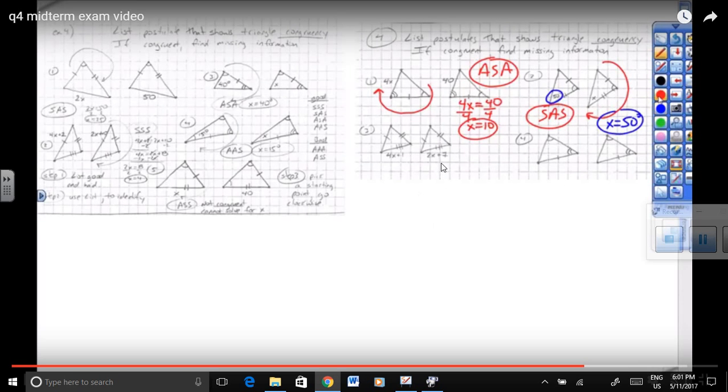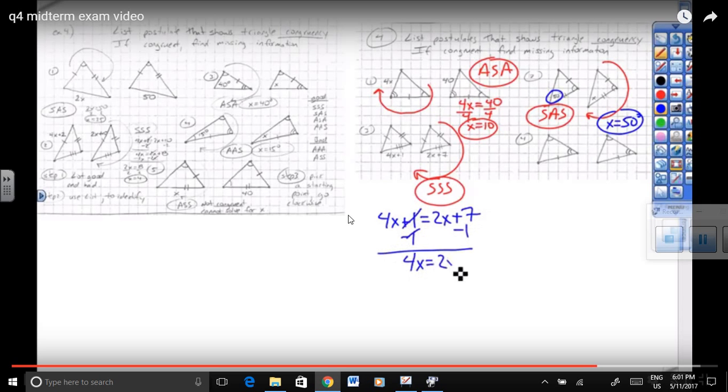Number 3, this is side, side, side. So I know these two sides are equal. I could set those equal to each other. 4x plus 1 equals 2x plus 7. To solve that, take away 1 on both sides, bring down that 4x, bring down the 2x plus 6, subtract 2x on both sides, and that gives me 2x equals 6.